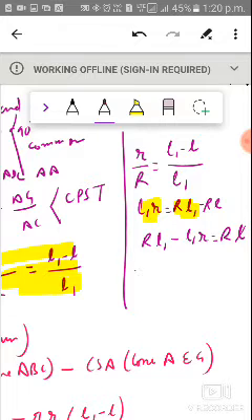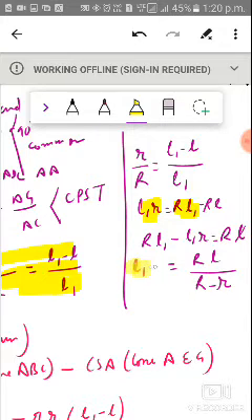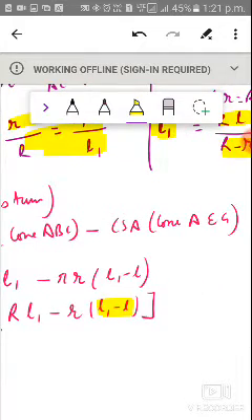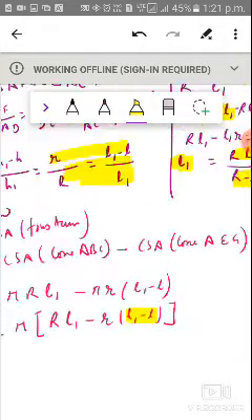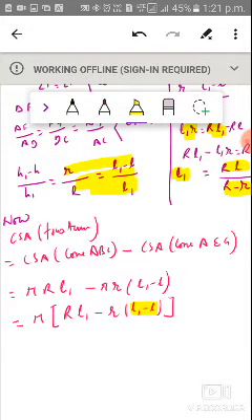Then taking L1 common, I can write RL by R minus r. So this is the value of L1. So wherever L1 is there, we will put this value. Okay, right? So in place of L1, I am going to put this value, that is RL by R minus r, right?